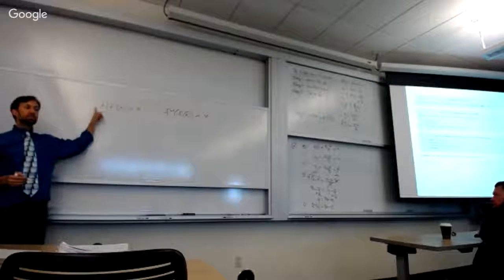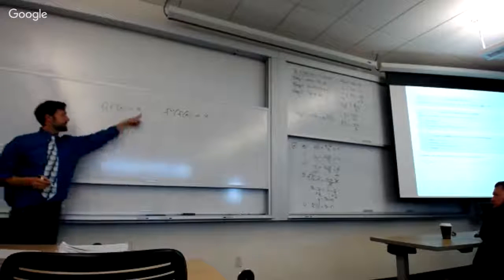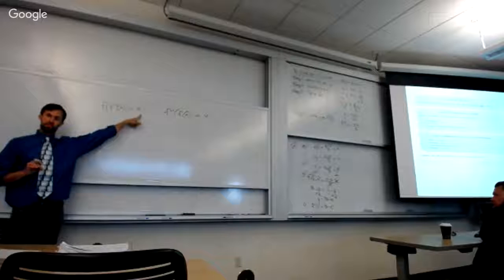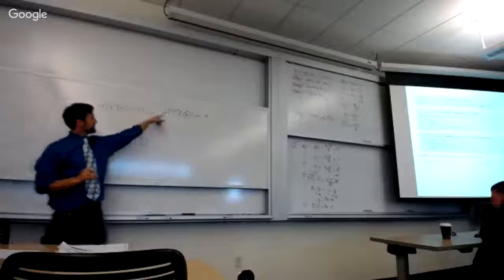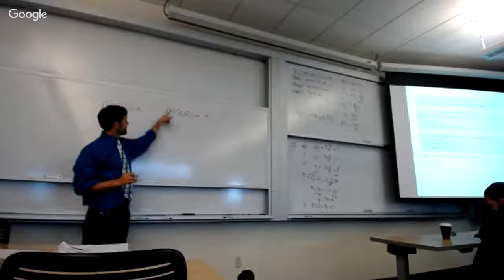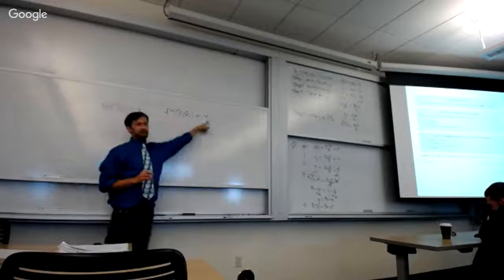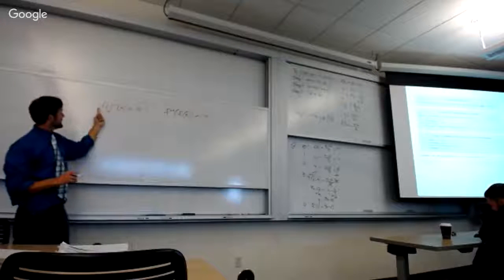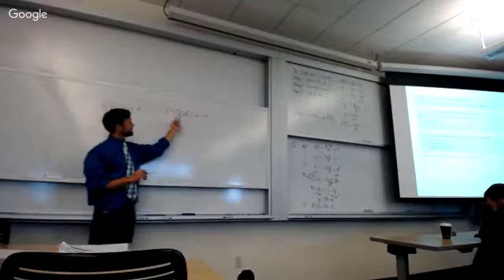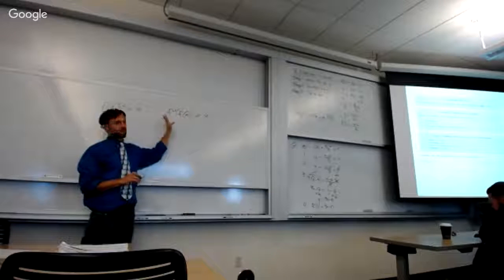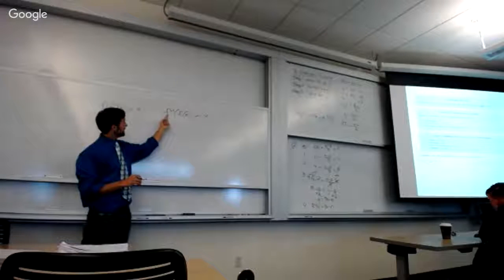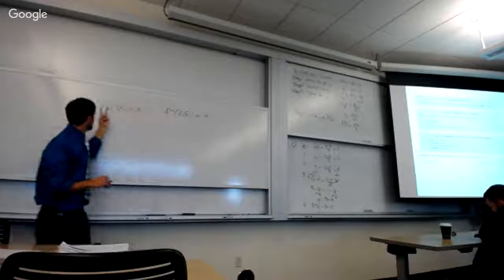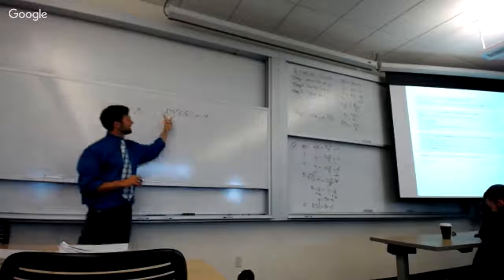If you compose a function with its inverse, it should end up equaling x itself. But it has to be both ways. It has to be f of f inverse as well as f inverse of f. This is actually the definition. A function and another function are inverses if either way you compose them, it ends up equaling x.